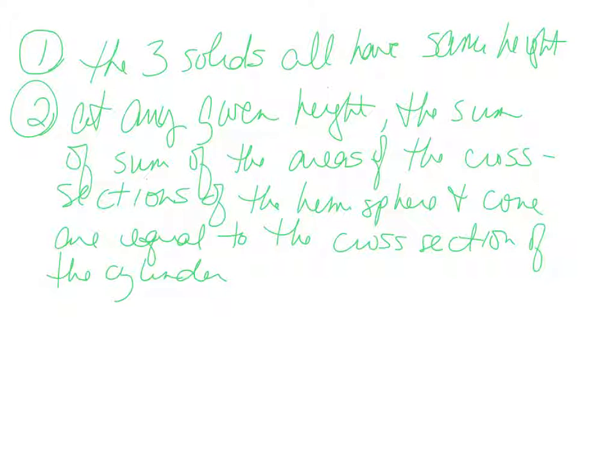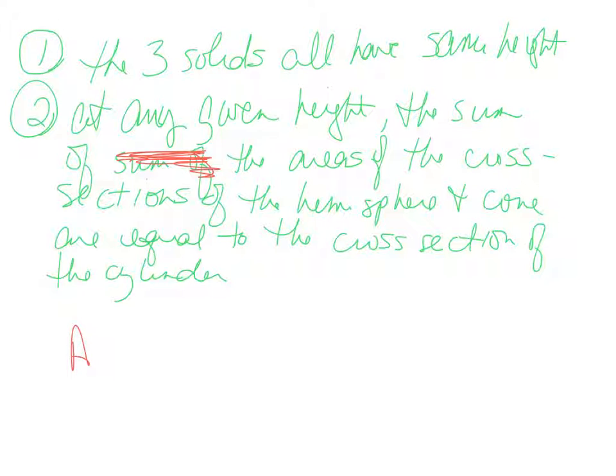I apologize, I just rewatched this and I see a typo. At any given height, the sum of the areas, I wrote sum twice, so the sum of the areas of the cross-sections of the hemisphere and cone are equal to the cross-section of the cylinder.